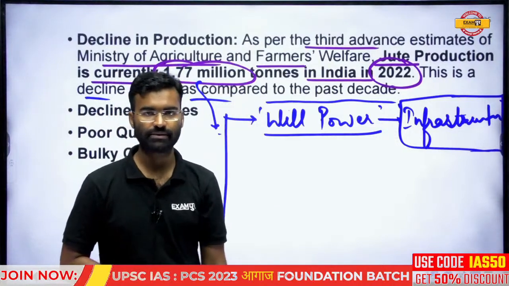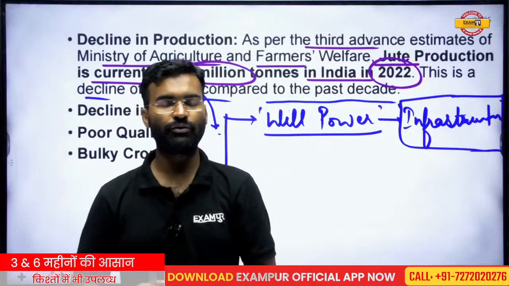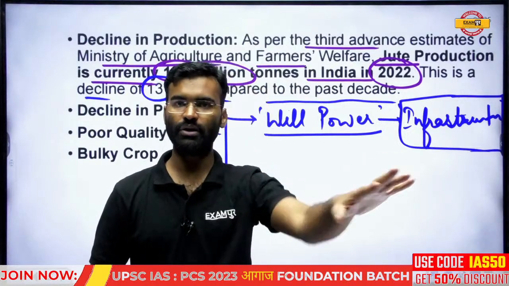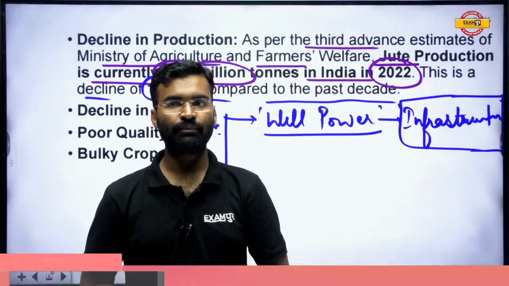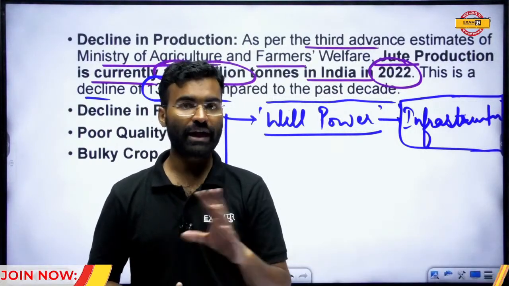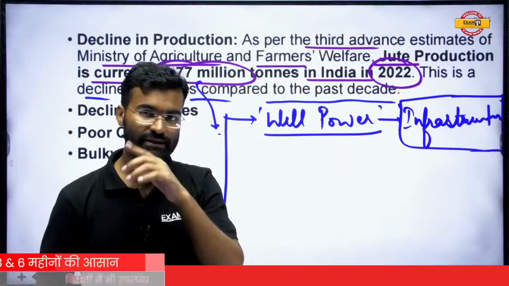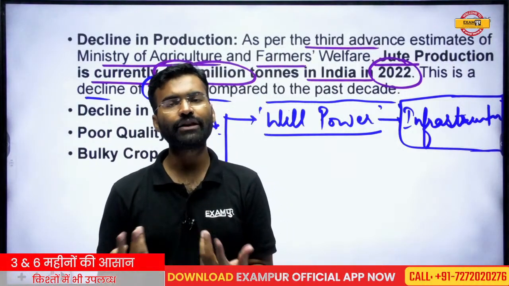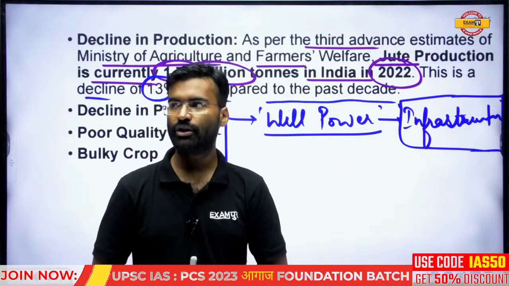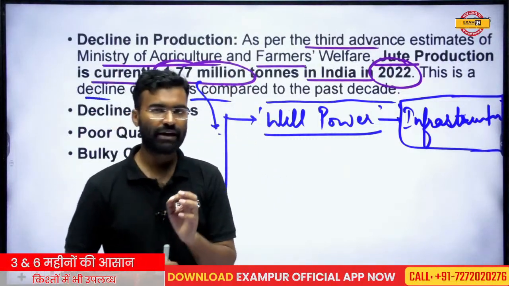Suppose you are a farmer and you produce 1 ton of jute in your field, but you don't have the infrastructure to process this jute, you don't have the mills where you can go for the processing of that jute. So why would you be interested in producing such products which are not supported by any infrastructure? This is a very simple and common point.